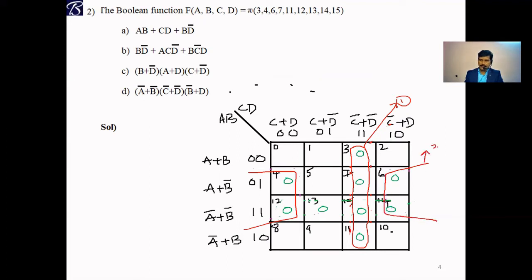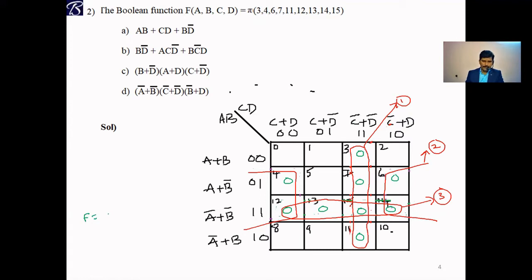This is 2. The remaining left 0 is this one. For this, the maximum possible is a quad. This is 3.